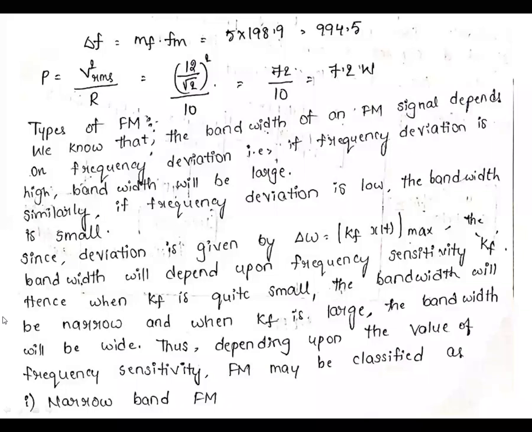So 12 by root 2 whole square is the square of the RMS value, divided by 10. That is 72 by 10, that is 7.2 watts, the power of the frequency modulated wave.